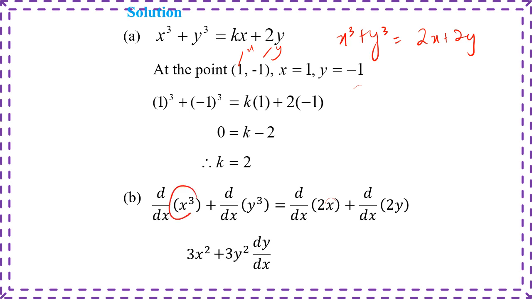For x cubed, we don't have to apply the implicit because it is directly the same variable. So basic rule only, so we get 3x squared. But for y cubed, it's a different variable. We need to apply the implicit differentiation. So what we have is 3y squared dy/dx equal to 2x will be 2 and 2y will be 2 dy/dx.